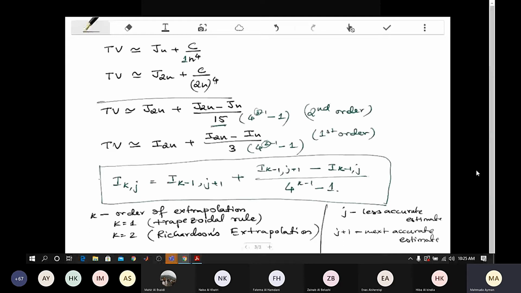Now, it might be a bit of work to follow the indices of the formula. So we will write down the indices in a tree, and then we'll do the example by following the tree.